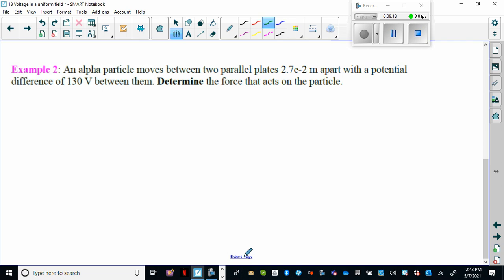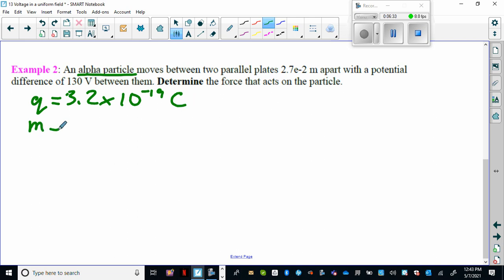So the first thing we need to do is figure out the electric field strength. We've got an alpha particle, and once again, let's write down everything that we have. As soon as you see alpha particle, then you have the charge. The charge of an alpha particle is 2.3 times 10 to the negative 19 coulombs.